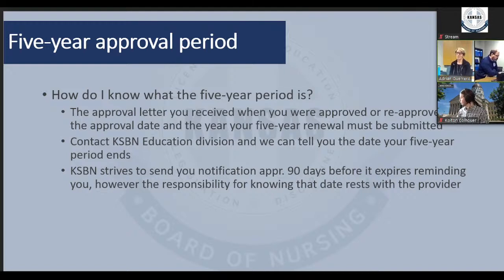Now, the third bullet, we try very, very hard to send out notifications to you approximately 90 days before the expiration, reminding you that this is going to expire on this date, and you have to have a reapproval application in 60 days before. However, the responsibility for knowing this actually rests with you as the provider, not really us to send the reminders, but we try very hard to get the reminders out because we realize there's a lot of things going on and all of that. Next, please, Colton.